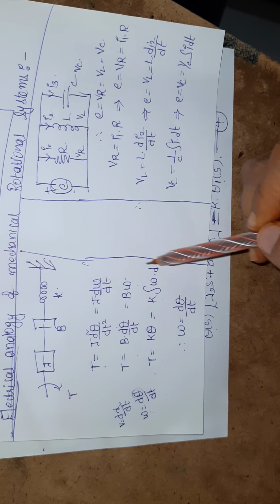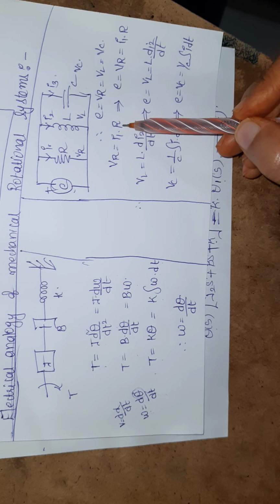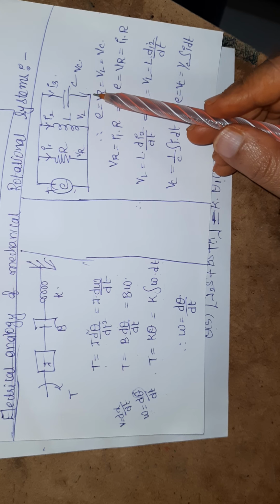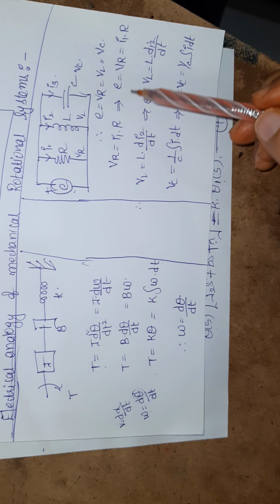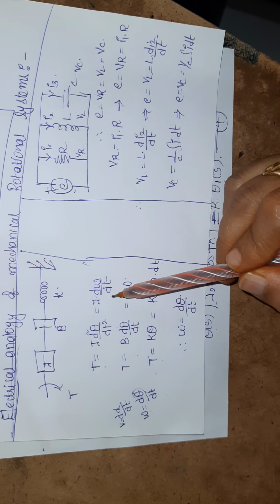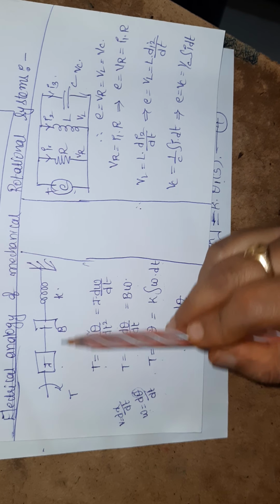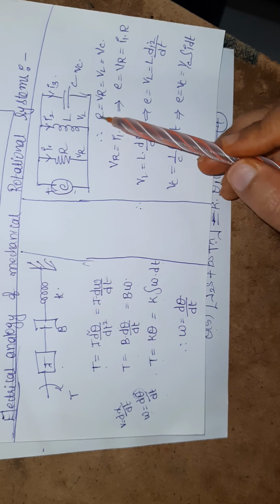The same terms we will get if we draw the electrical analogy, which is nothing but a parallel combination of RLC. Then we compare the elements to get the electrical analogy for J, B, K and R, L, C.